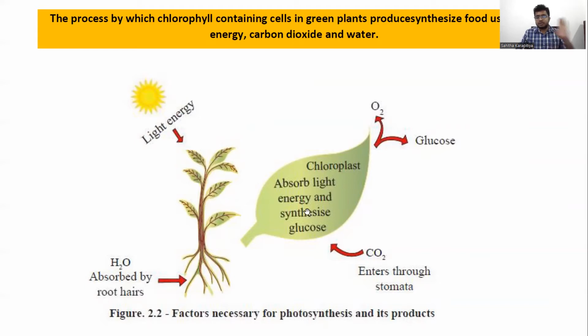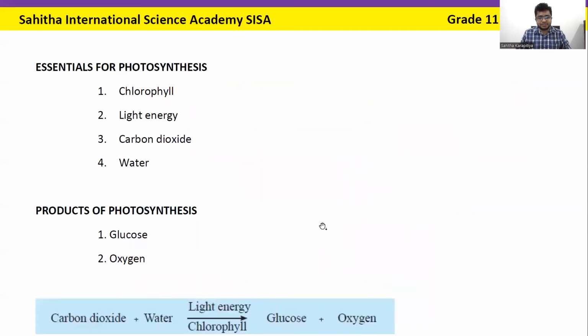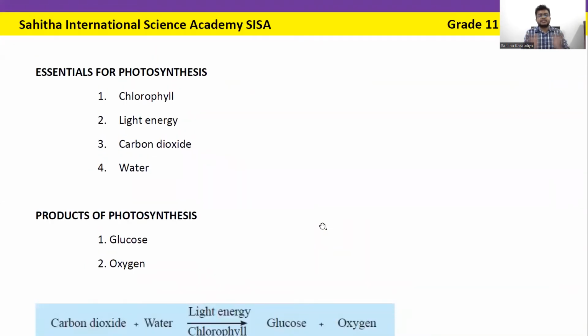So a plant needs light energy, water, carbon dioxide, and also chlorophyll should be present inside the plant to carry out the photosynthesis process. These are the essentials for photosynthesis. There are 4 essentials, and all 4 should be there in a plant in order for photosynthesis to happen. What are they? Chlorophyll, the green pigment present in leaves.